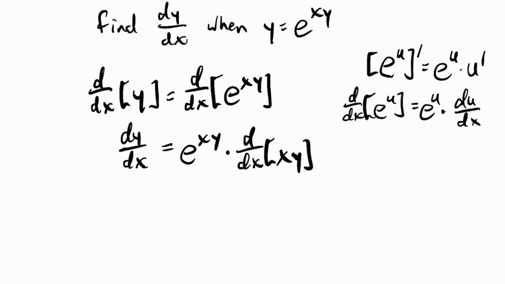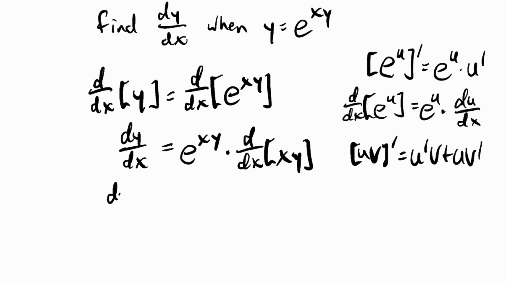Okay. Now in this case, since we're finding the derivative of a product, we have to use the product rule. As a reminder, the standard form is uv prime equals u prime v plus u v prime. So we have to apply that using the Leibniz notation.